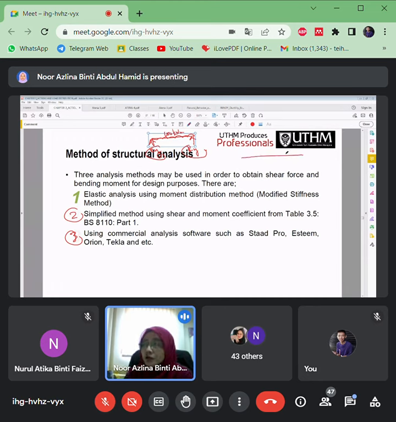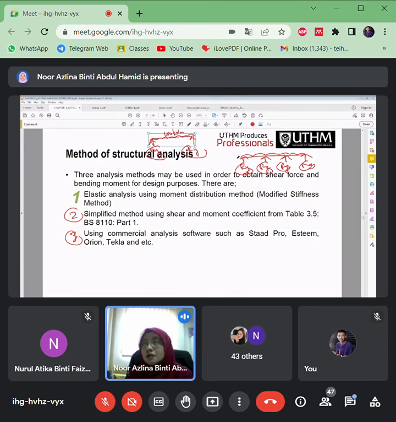But for the continuous beam here, it has several unknowns here, many unknowns here. Okay, so because of many unknowns here, it's quite complicated.